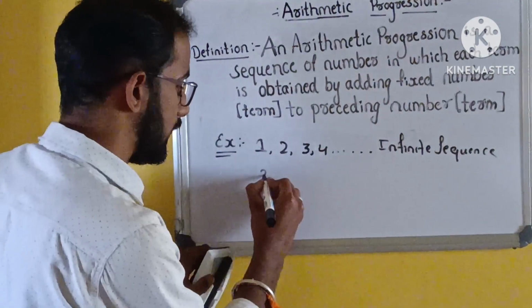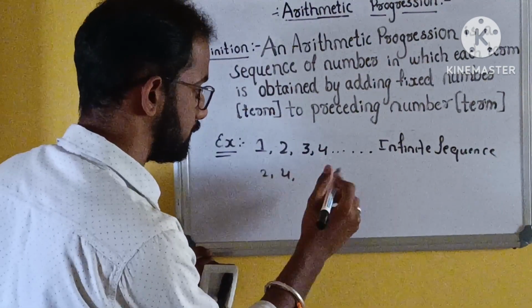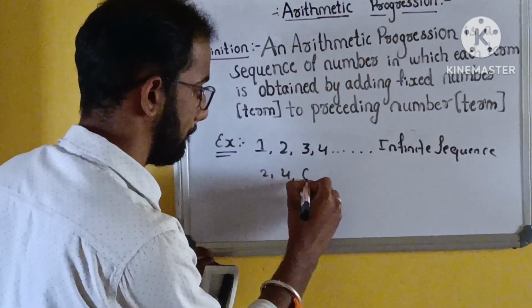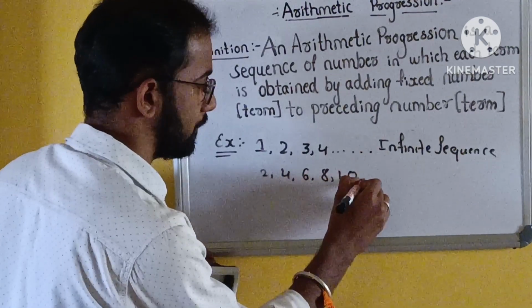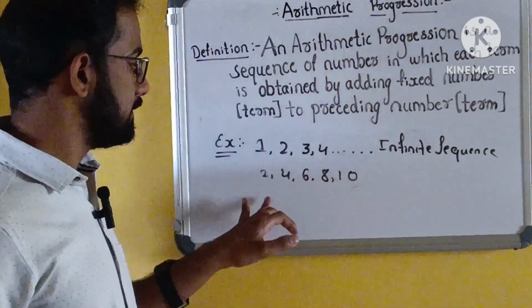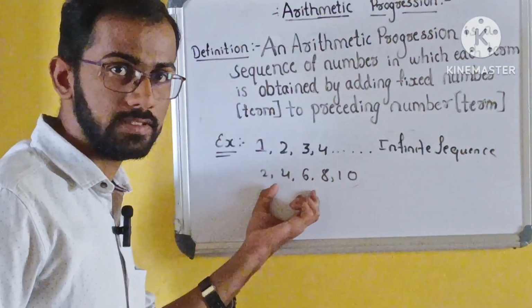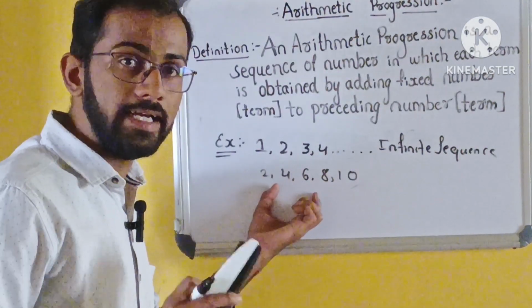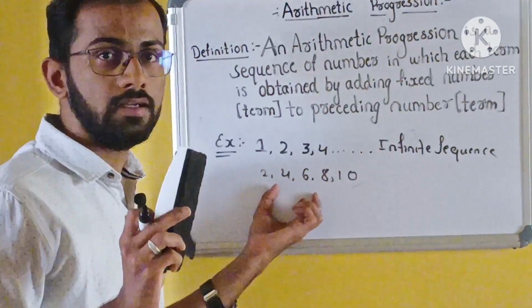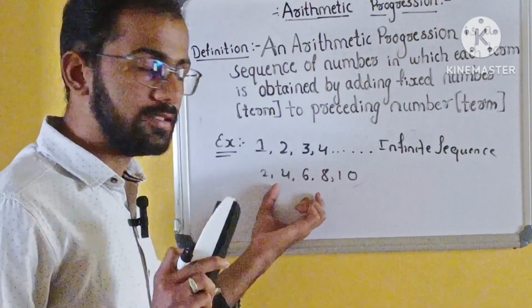Now in a sequence, if there are a finite number of terms, finite means it can be counted.